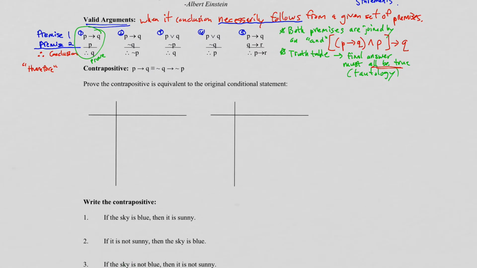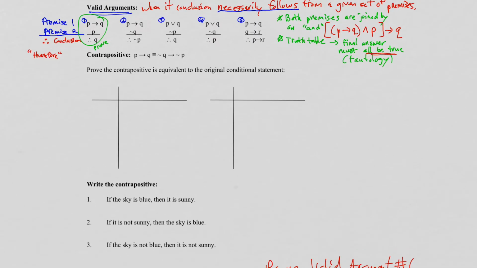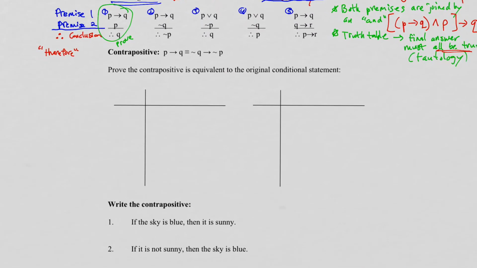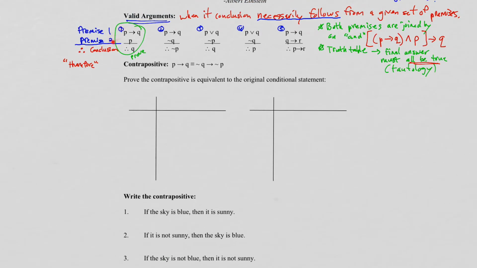Before we get started, actually, let's do a quick review on contrapositive, okay? Before we start actually applying this on the next page, we need to quickly review contrapositives from the previous section.